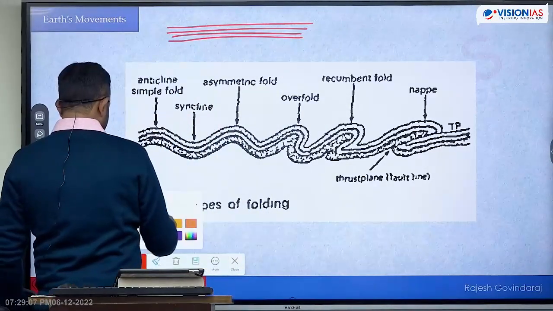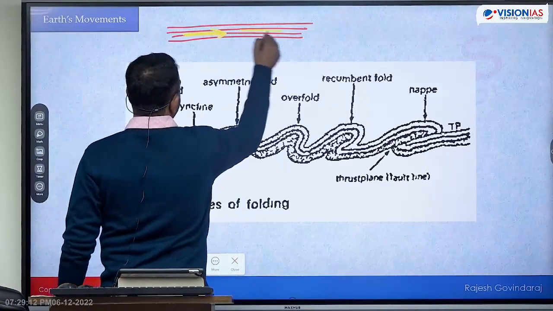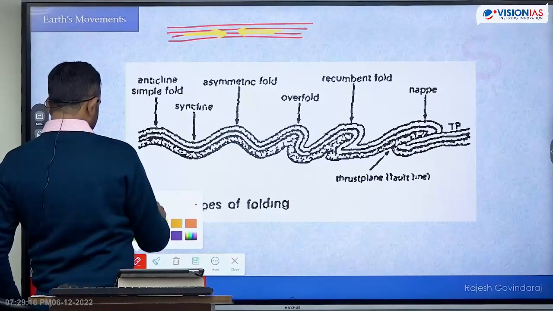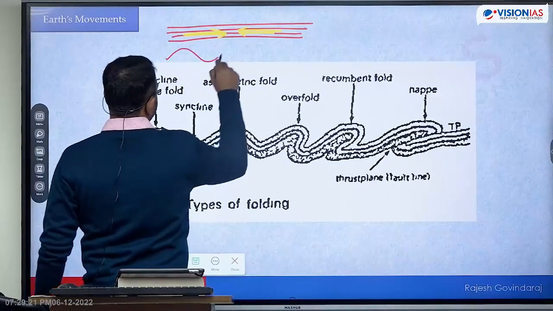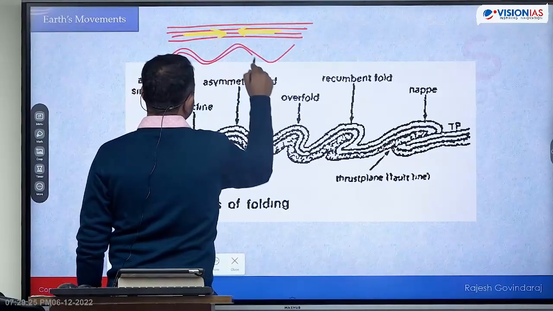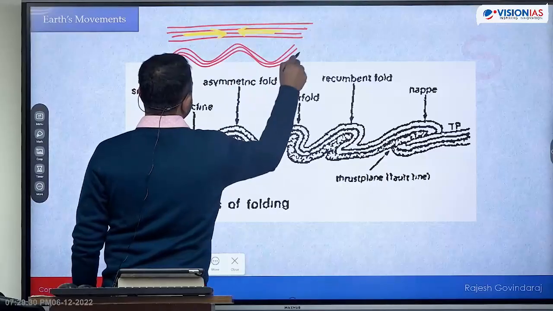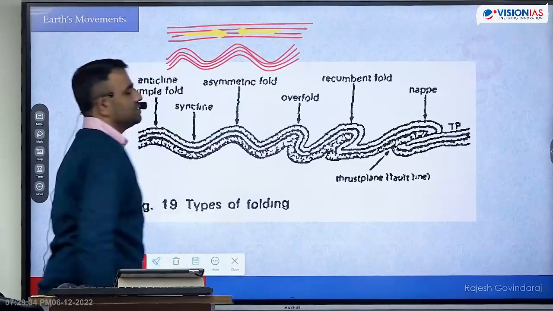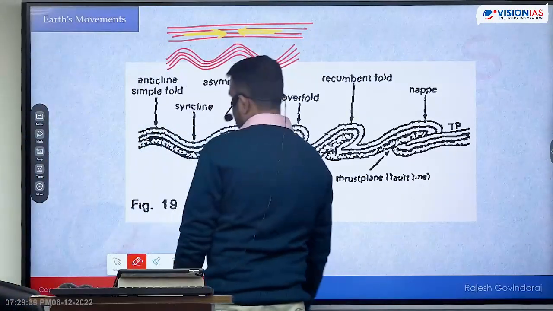This was subjected to folding like this. Over a long period of time, it gets folded like this. This is what is folding. What is the force? Compressional force.